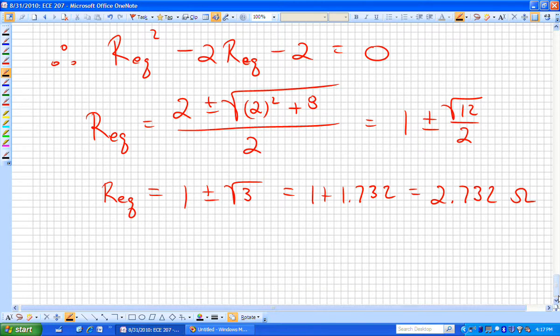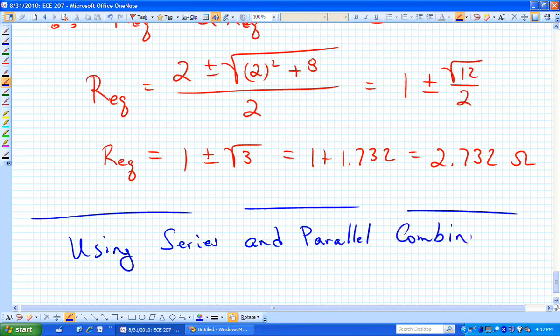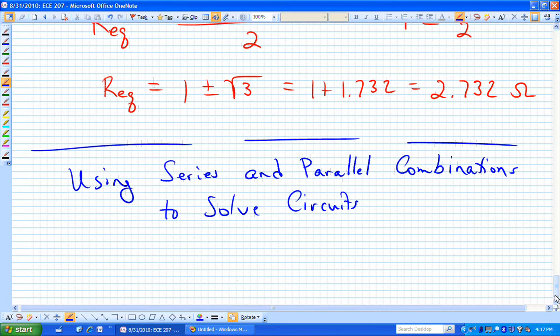Let's now use these tools that we've developed, which are how we combine series and parallel combinations of resistors, to help us solve circuits.